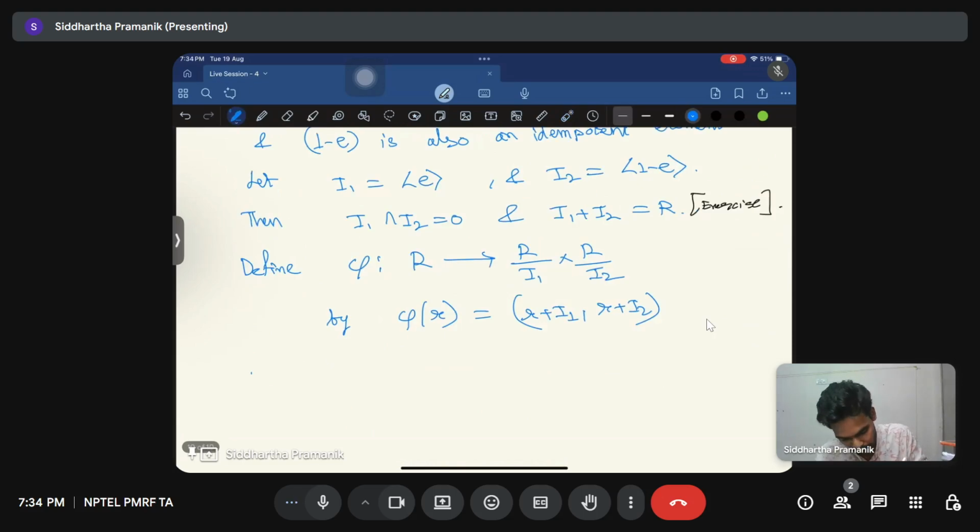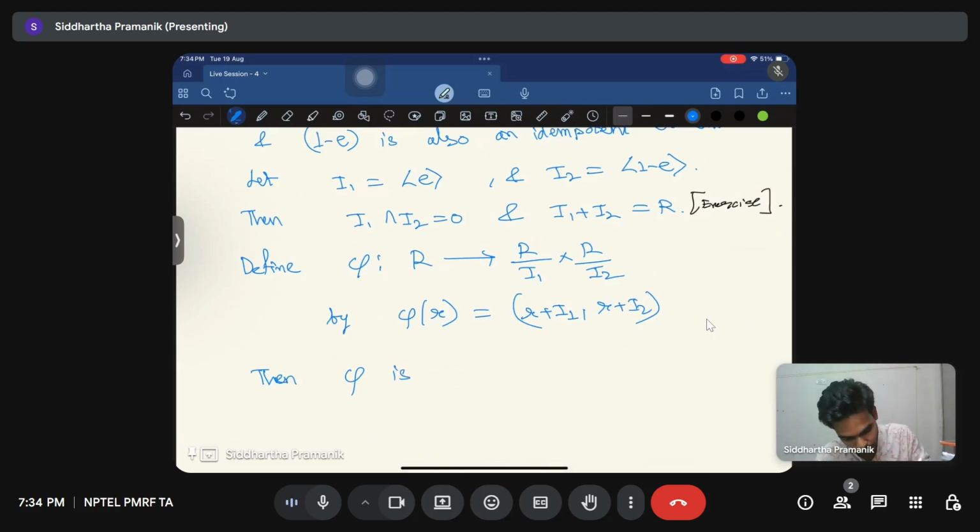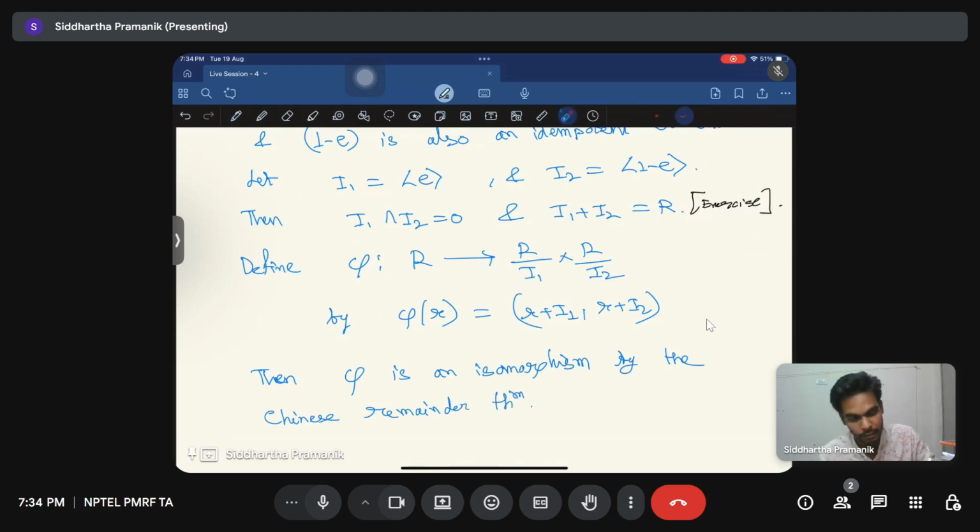And you can use the Chinese remainder theorem to prove that phi is an isomorphism. That it is a well-defined map is also a routine check.